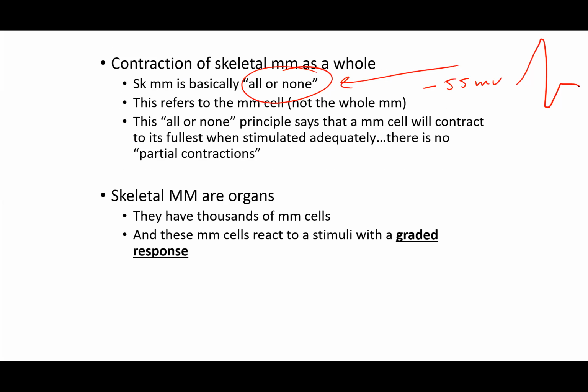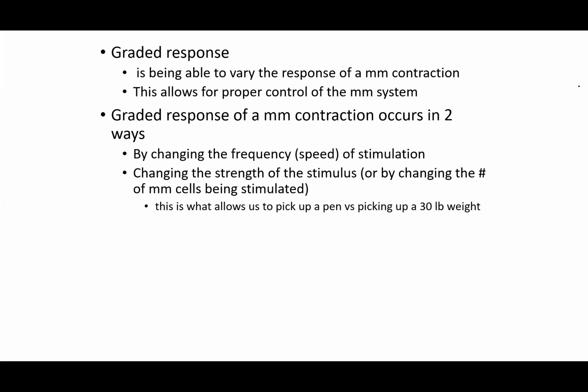Okay. The graded response is being able to vary the response of the muscle contraction. Key word there. It's able to vary the response of the muscle contraction. So here's an example. If I give you a pencil to pick up off the table, honestly, you don't need that much force compared to picking up a 50-pound dumbbell.